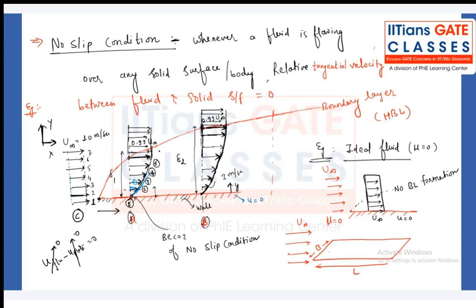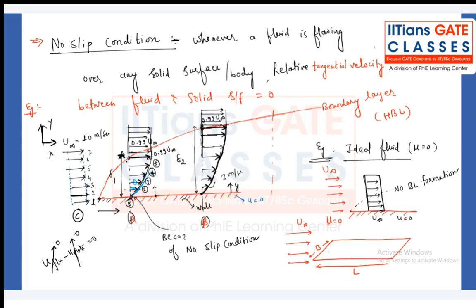In doing so, in the y direction, we will observe that a velocity gradient exists. This velocity gradient keeps happening up to a certain distance from the solid wall, where it attains 99% of the free stream velocity.